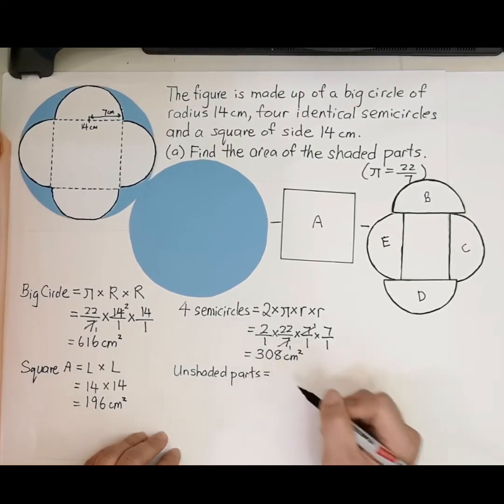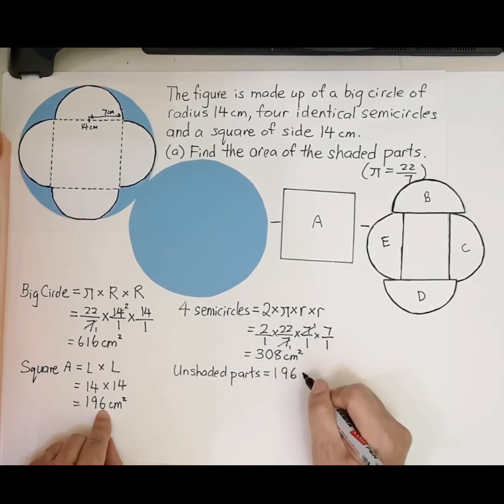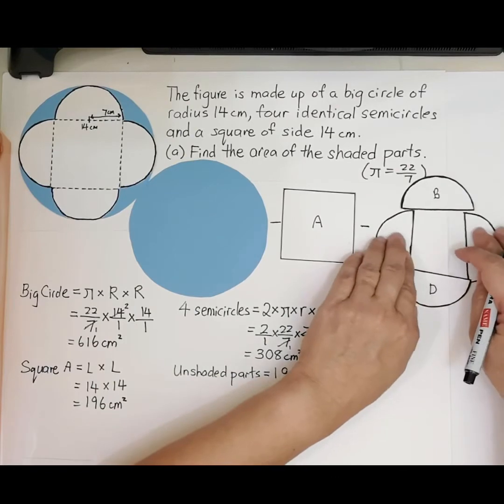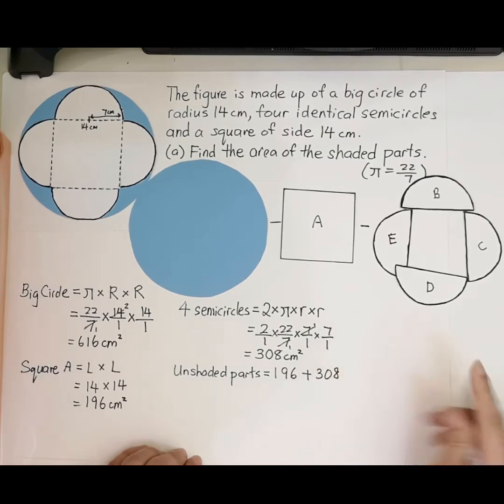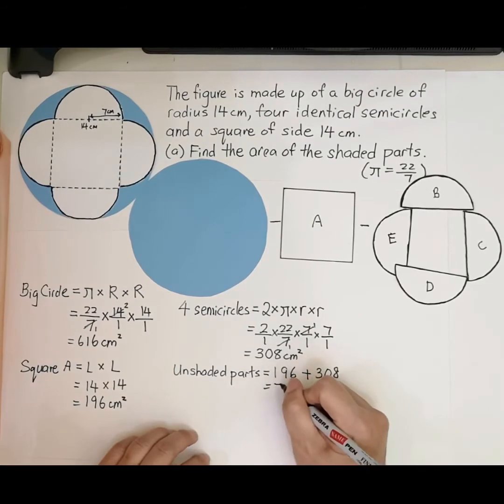So our total unshaded parts will be the area of A, which is 196, added to the area of the 4 semicircles, which is 308. And that will give us 504 square centimeters.